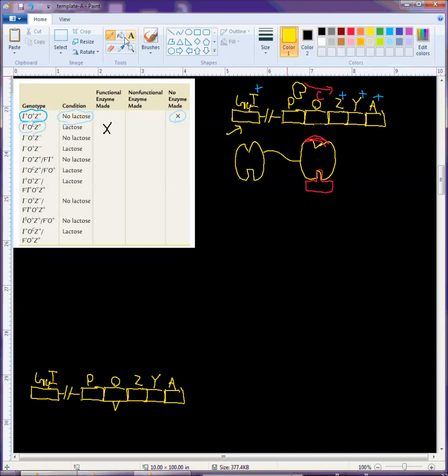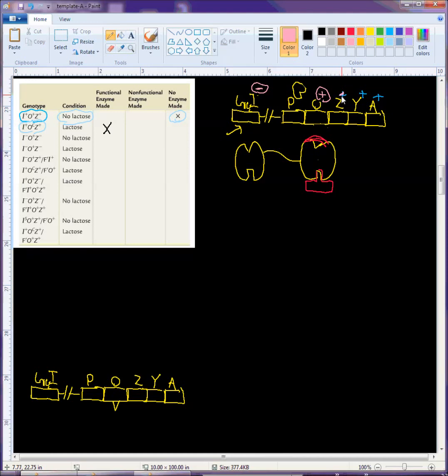Okay, let's go with pink. lac I minus, O plus, and Z minus.